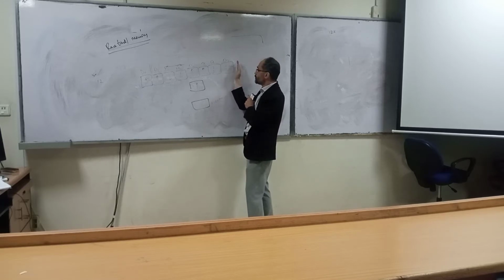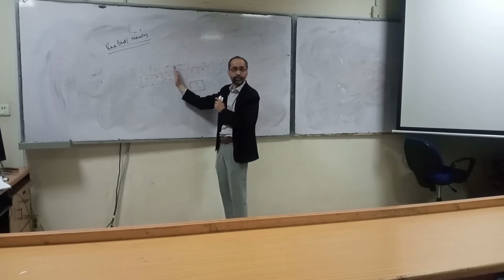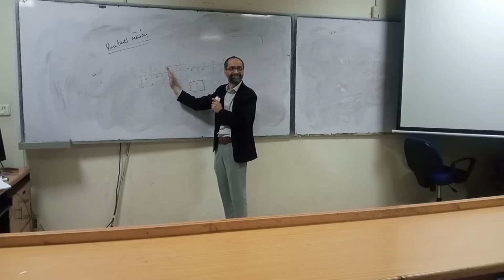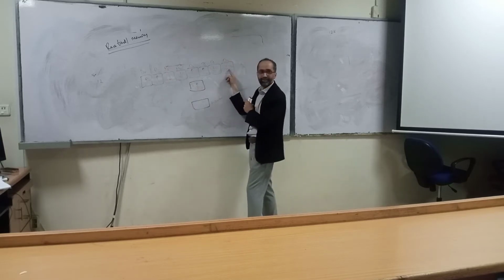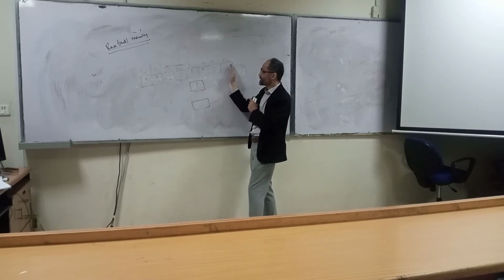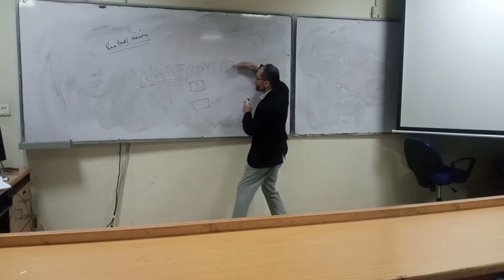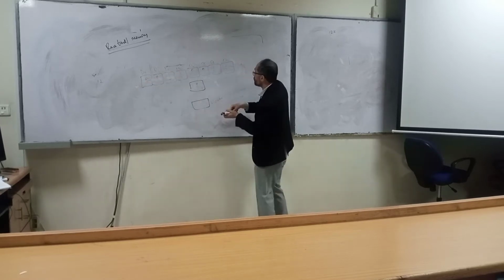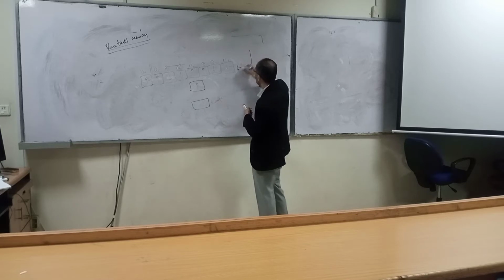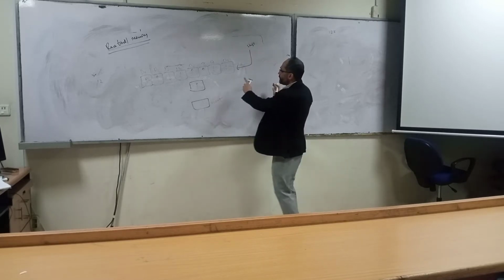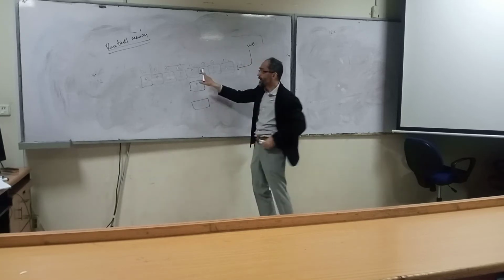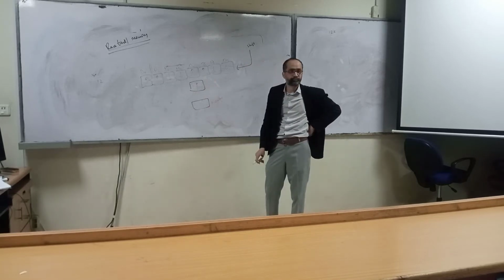So if you want to access D7, what do we need to do? We need to move D7 with respect to the access port. And to move D7 to the access port, we need to apply some shift current. Which domain is aligned with the access port? D4.